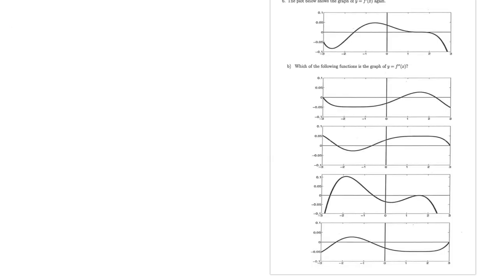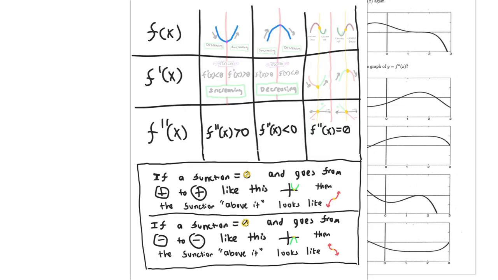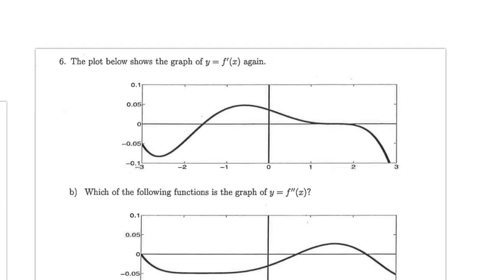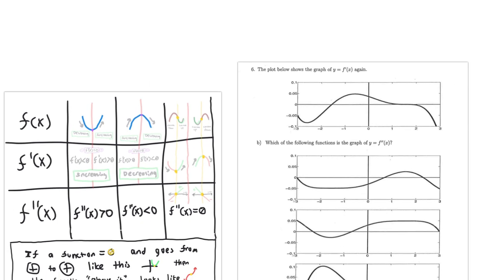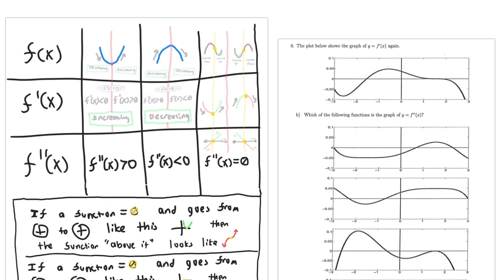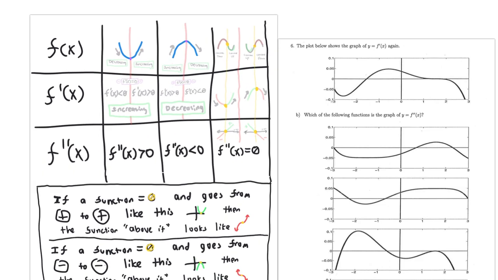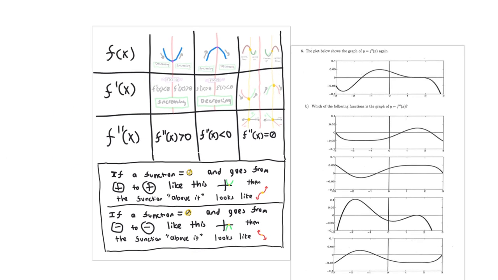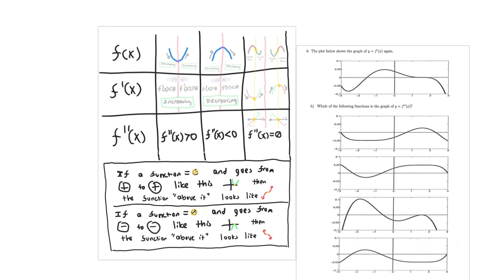Okay, looking at this one, let's bring in our reference guide right now. What are they saying? The plot below shows the graph of f prime of x again. Okay, so once again, we are in the second row. Which of the following gives us the graph of f double prime of x? Okay, so now we're looking at the relationship between f prime of x and this.